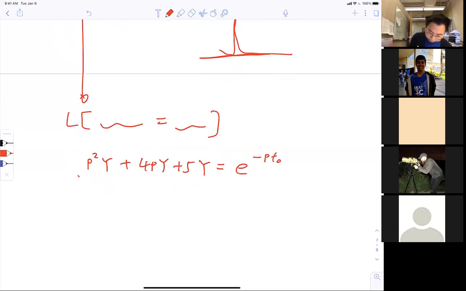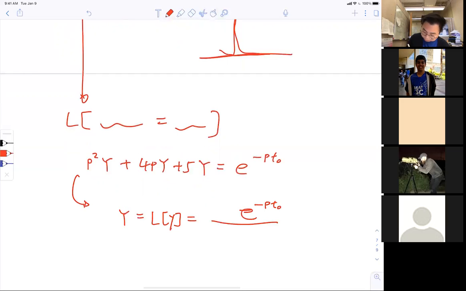And then you get y. By the way, y is the Laplace transformation of the function y, the position we want to solve, which is exponential minus p t naught divided by p squared plus 4p plus 5.